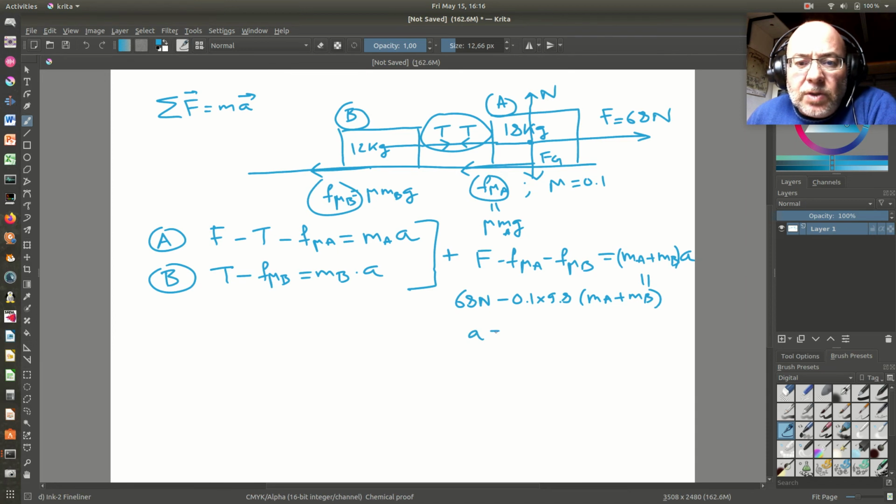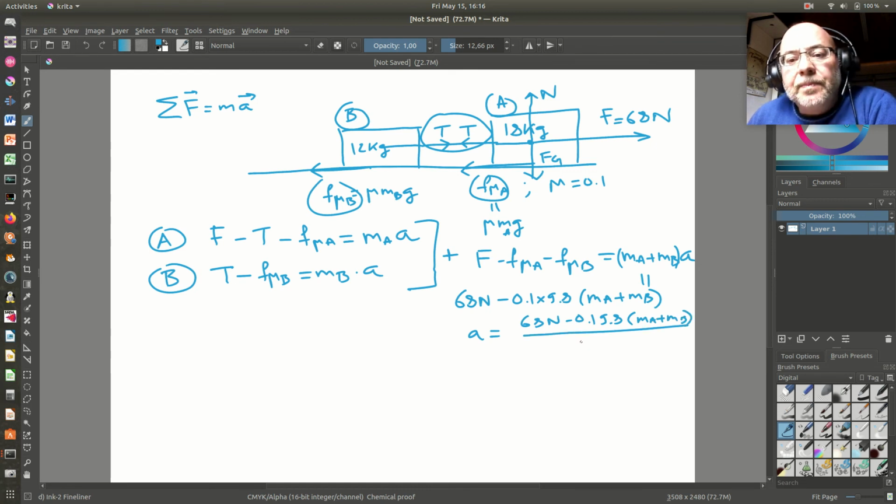So then the acceleration will be equal to 68 newtons minus 0.1 times 9.8 times mass A plus mass B, divided by mass A plus mass B. This equals about 1.29, let's say 1.3 meters per square second, right?